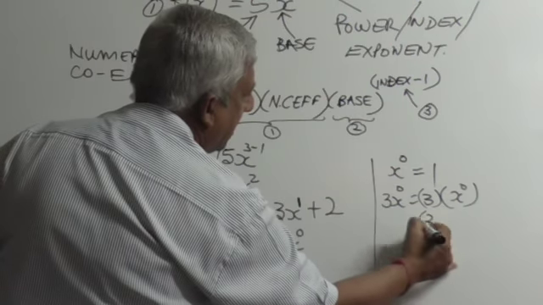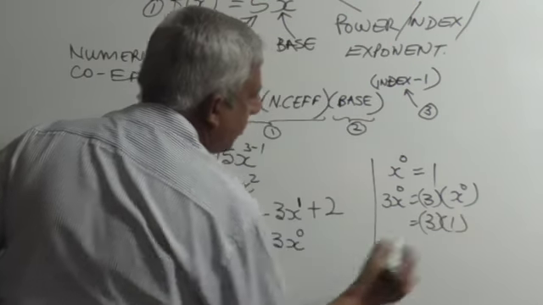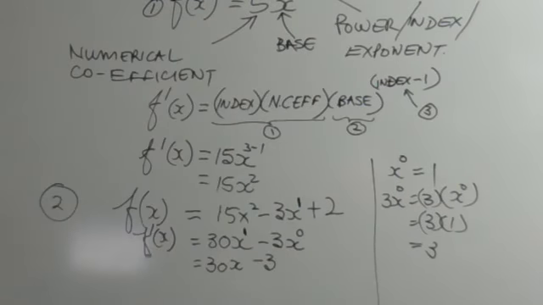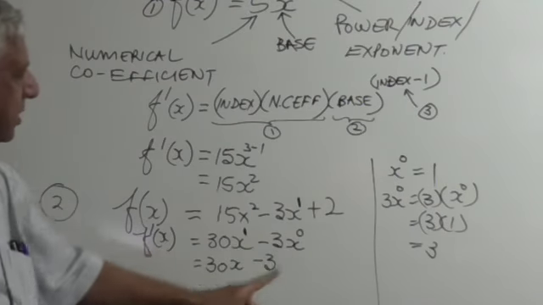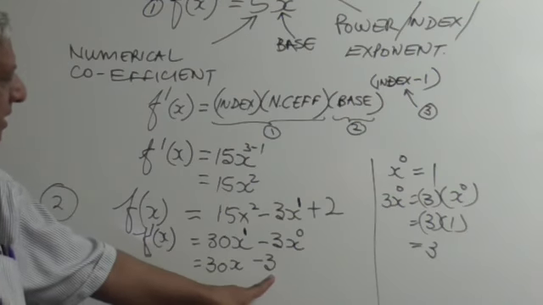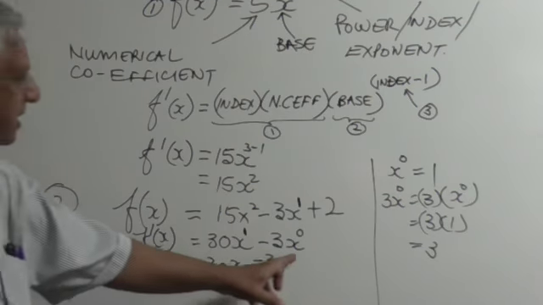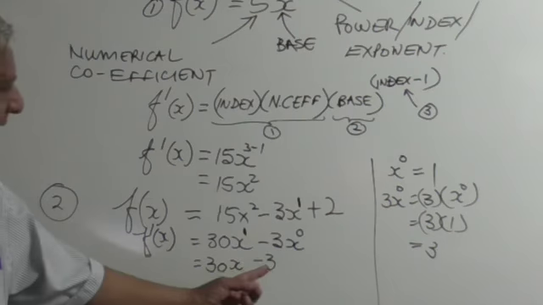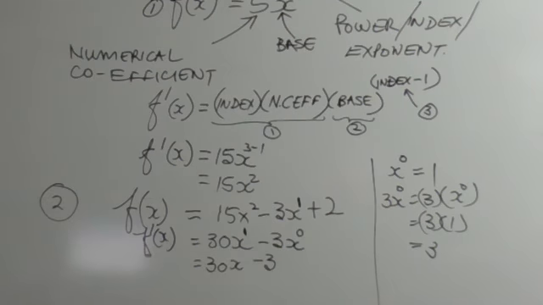So that will be 3 times 1, which is 3. So in the future, we are not going to write x to the 0. We know it is 1, so 3 times 1 will be 3. So wherever there's x to the 0, we're not going to write it down because we know that it will become this number here, whatever it is.